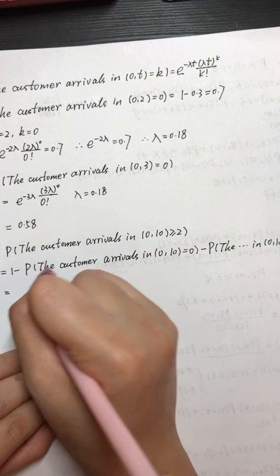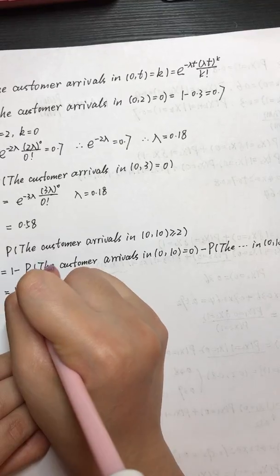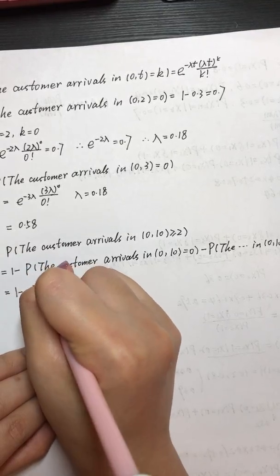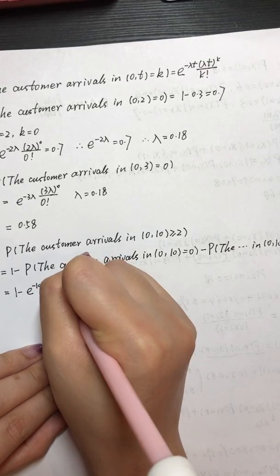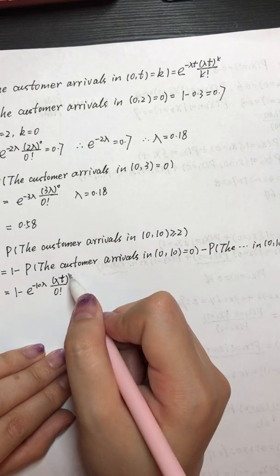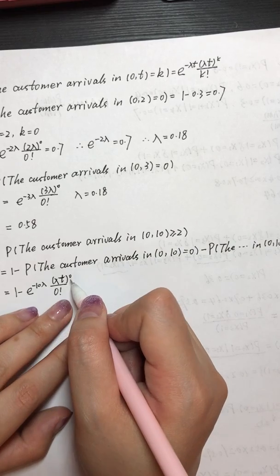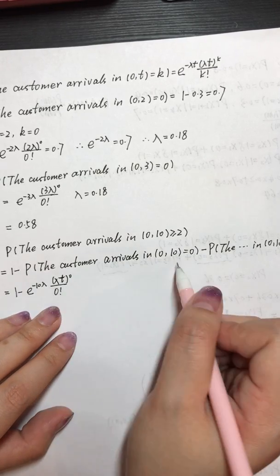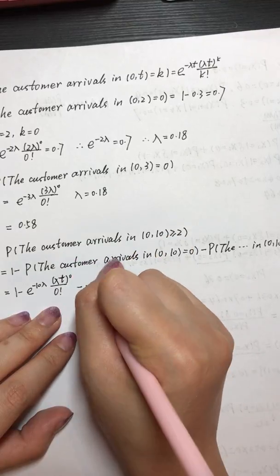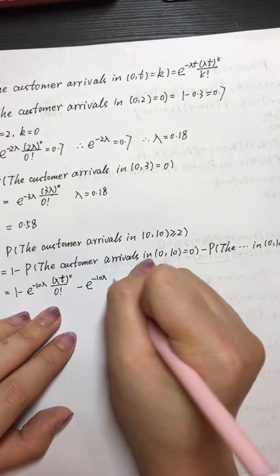And so this equals 1 minus. We just use the same formula with k equals 0 and t equals 10. And similarly, this is the same.